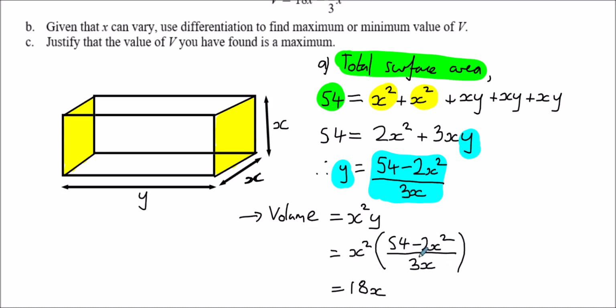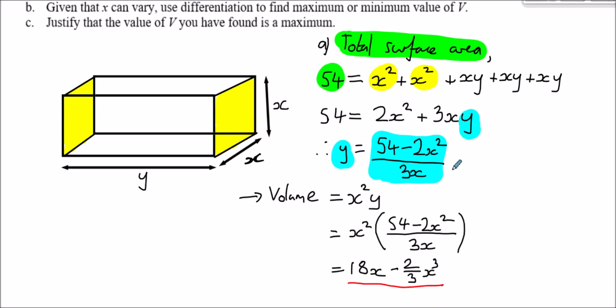So minus 2/3 x multiplied by x squared, that would give us minus 2/3 x to the power 3. And so that's part A done. Part A wasn't the most straightforward thing in itself, but that's how we derive the expression for the volume in terms of x. So that's part A completed.